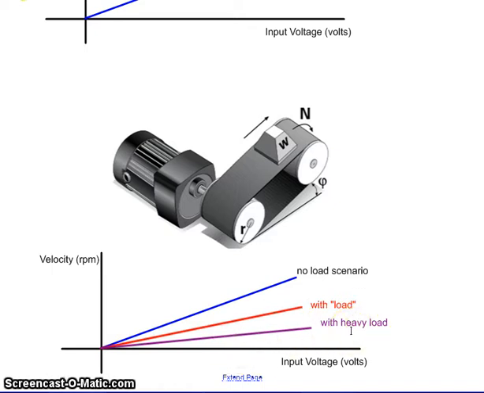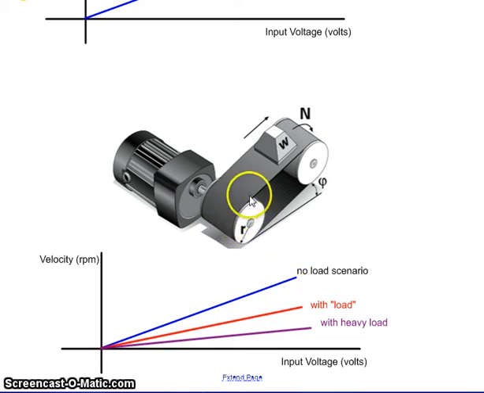Maybe we could think about it this way. Perhaps this red one is what we get when we just connect this cylinder and nothing else to the motor. It would reduce the output velocity by some percentage. If it was just the spindle, it would reduce it by, I don't know, it looks like maybe about 50%.